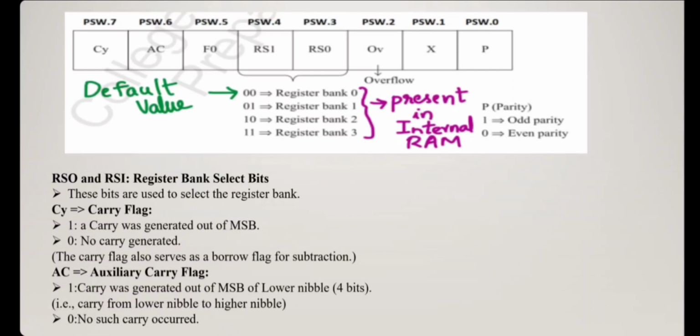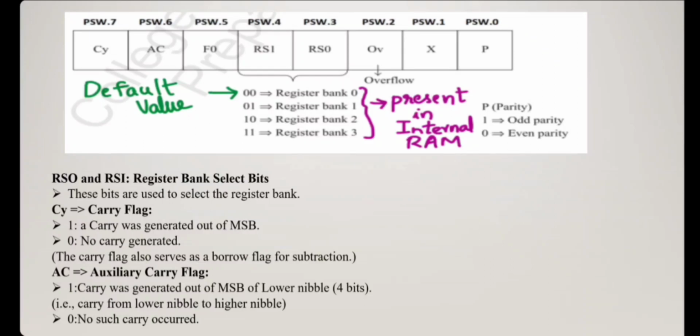If the number of ones is odd, then it is set as 1. If the number of ones is even, then it is set as 0. So odd parity is 1 and even parity is 0.